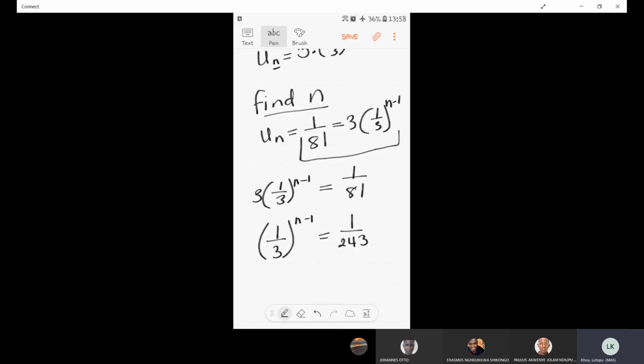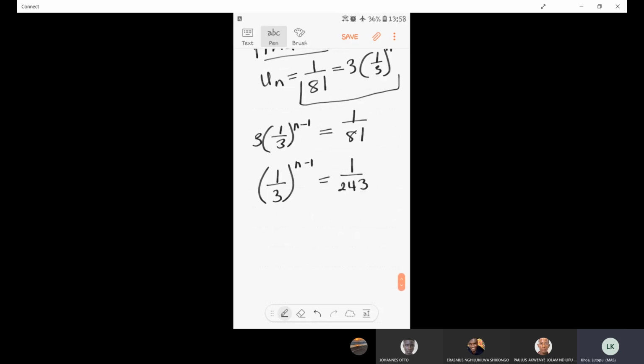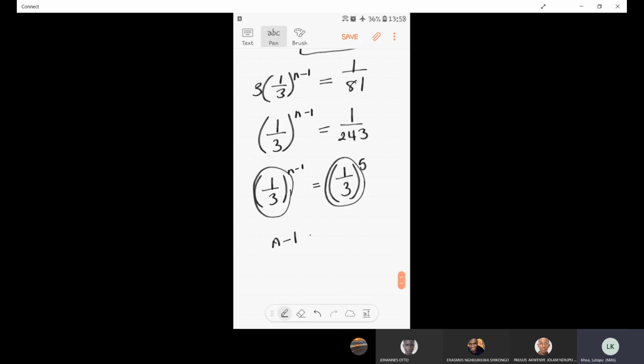You can take logs on both sides, or you can rewrite the right hand side as (1/3) to the power of 5. So I have (1/3)^(n-1) equal to (1/3)^5. Now the bases are the same, both of them are 1/3, so it means that the exponents must also be equal. So this means that n is equal to 6.